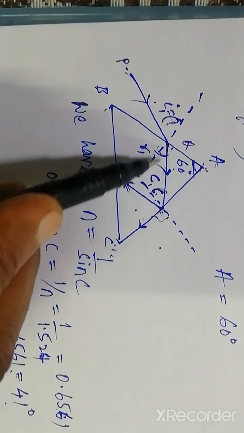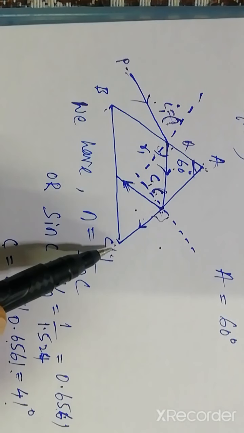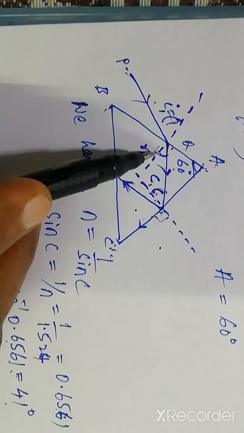That's why we take the angle of incidence at the other interface AC as C only.